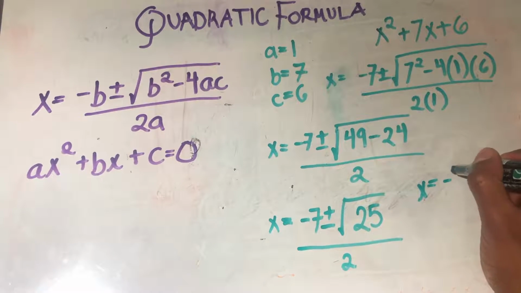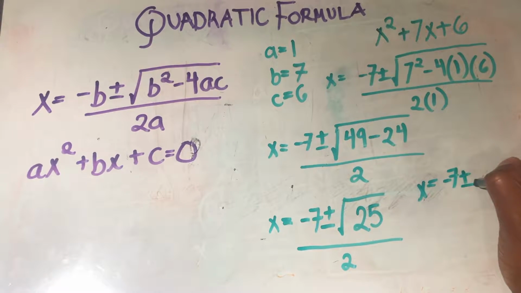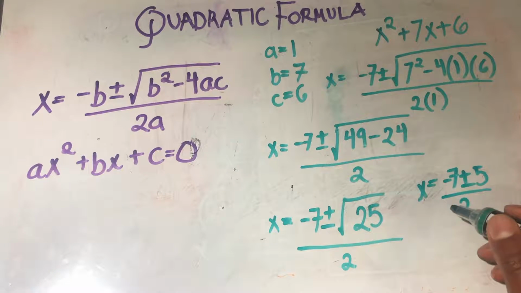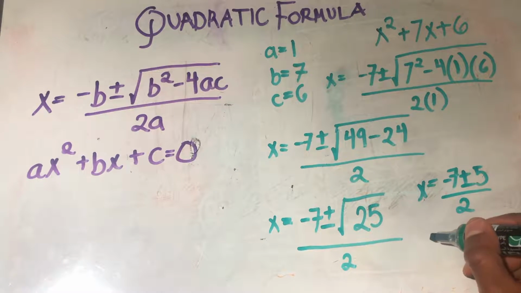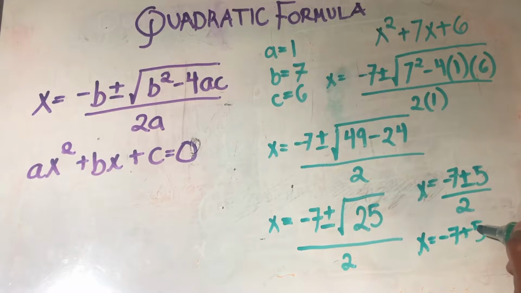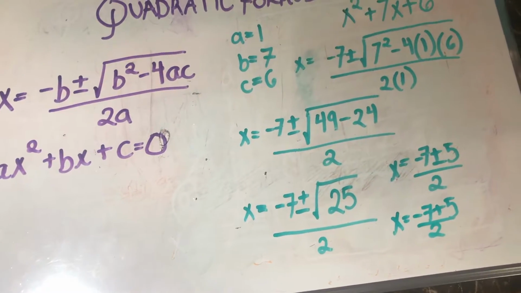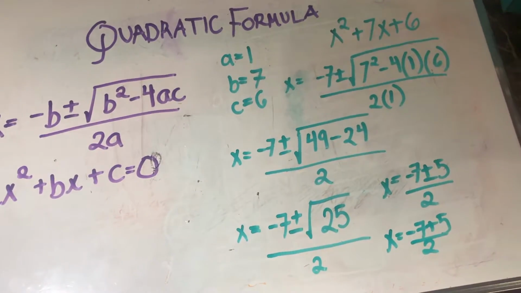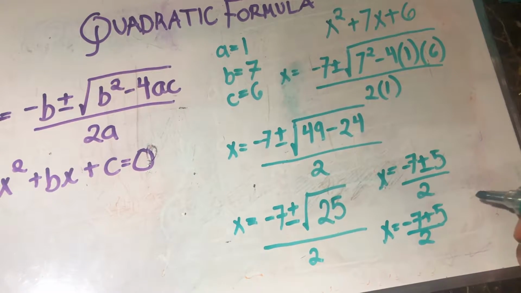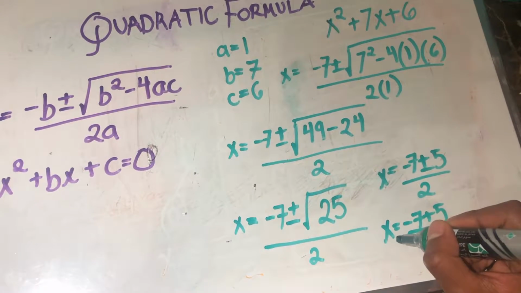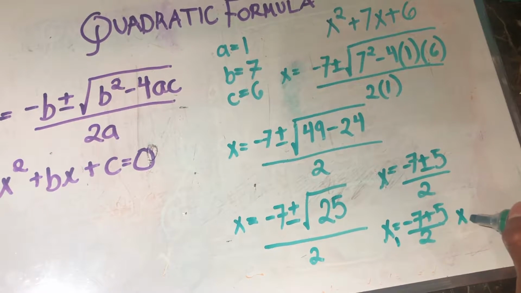x is equal to negative 7 plus or minus the square root of 25, which is just 5, over 2. Now this means that we have two solutions. x can be negative 7 plus 5 over 2, or, let me put a subscript here, negative 7 minus 5 over 2.